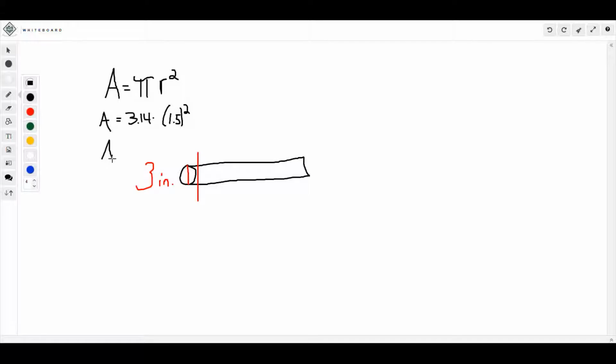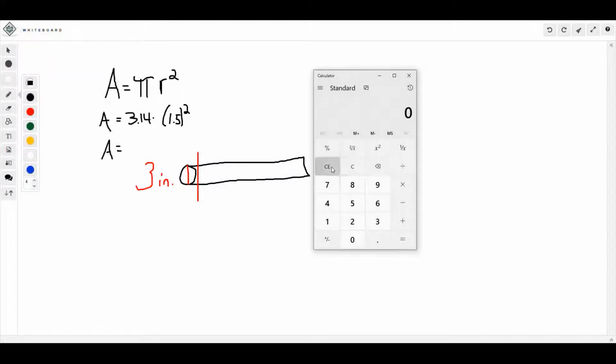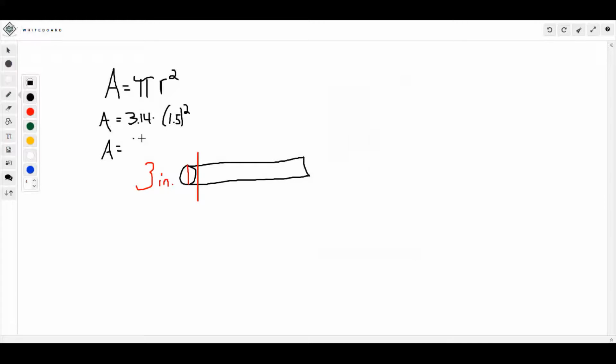And thankfully, we can use a calculator on this section. So that would be 1.5 times 1.5, and then times pi. So we get, let's round it to 2 places, 7.07 square inches.